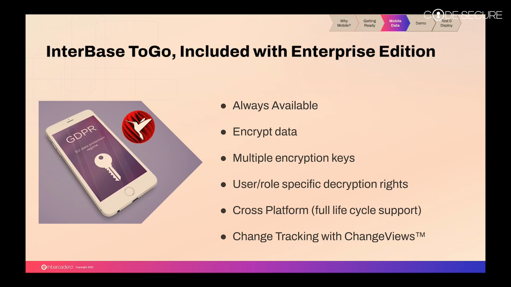You can encrypt the whole database if you want to. Or you can go a bit more granular and use multiple encryption keys based, for example, on the user that is connecting to the database to see a specific field. So you can encrypt fields specifically based on the user that connects to the application.